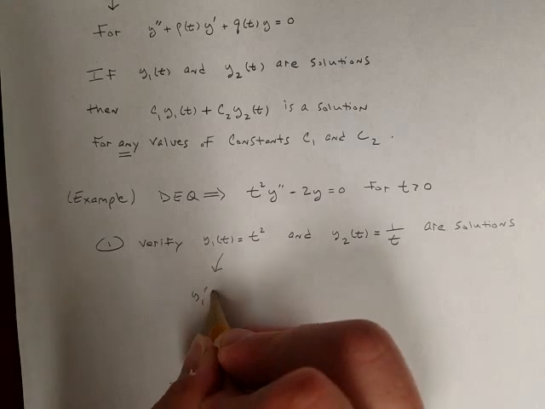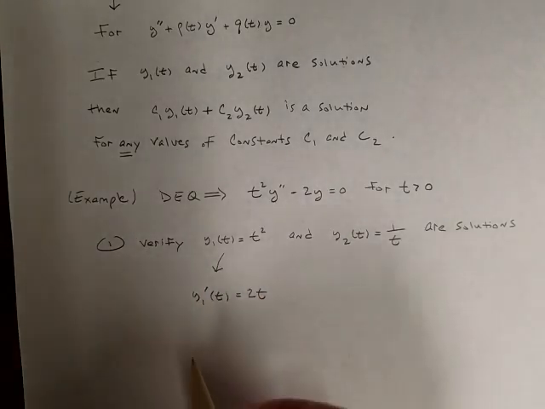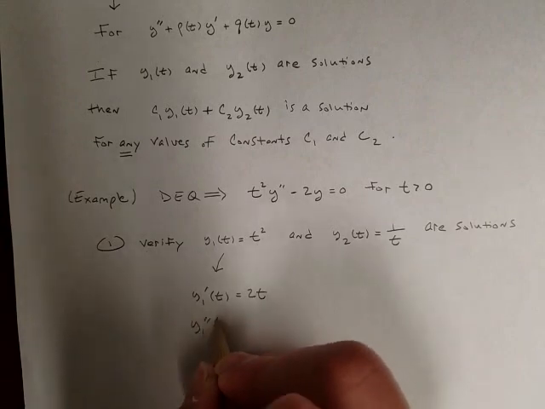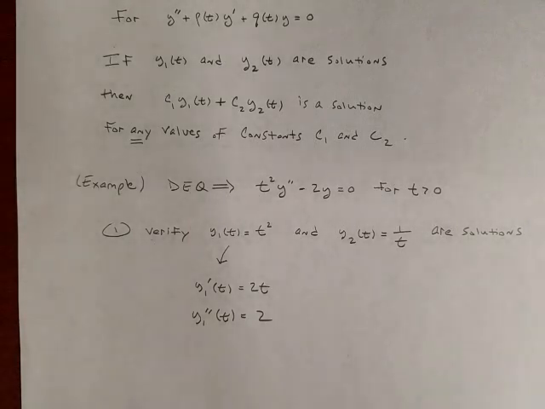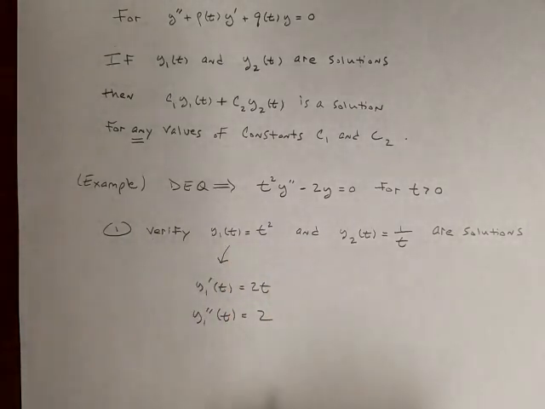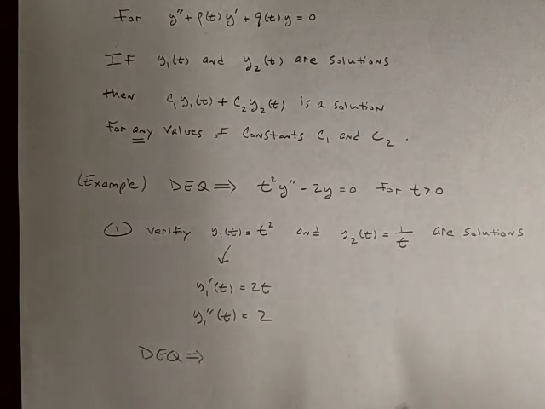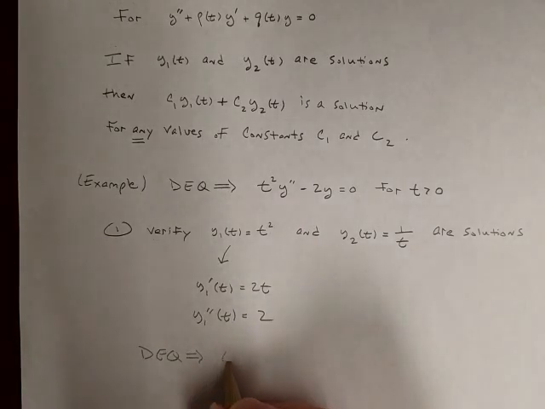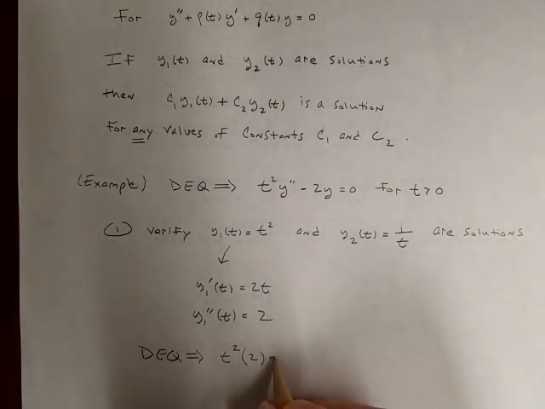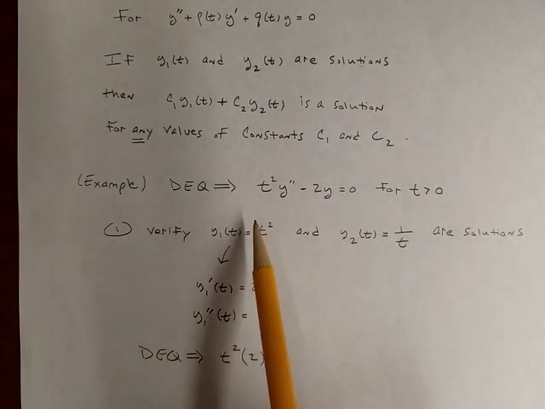What's a y1 prime of t? It's going to be 2t. And y1 double prime of t, it's just going to be 2. And what's that differential equation look like, assuming that we investigate whether that's really a solution or not? It says t squared y double prime. That's going to be t squared times what turns out to be 2, minus 2y, y being t squared.